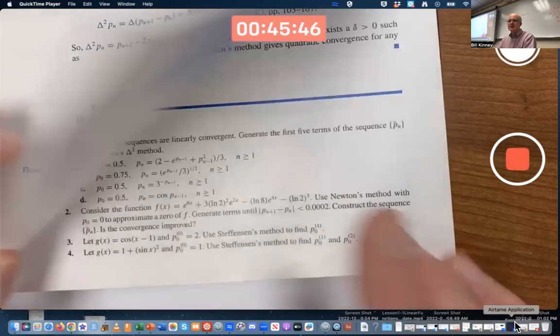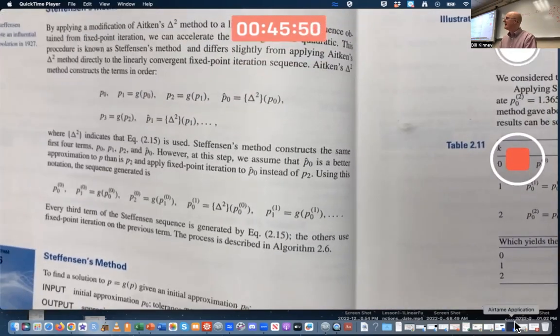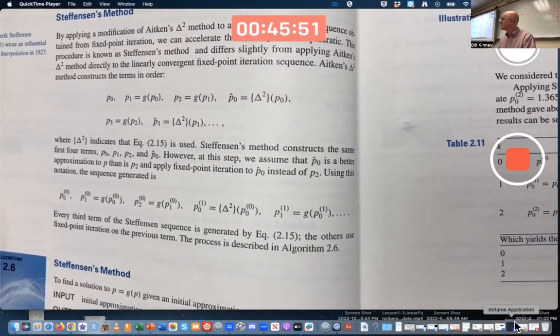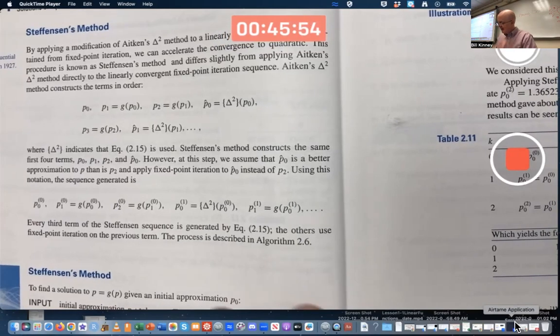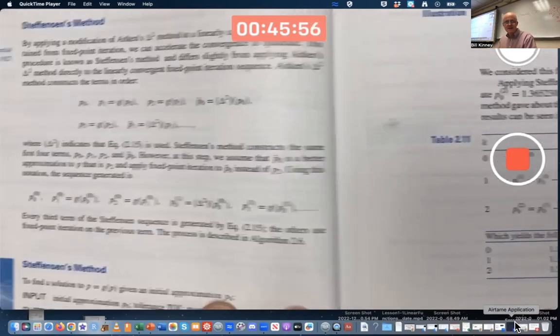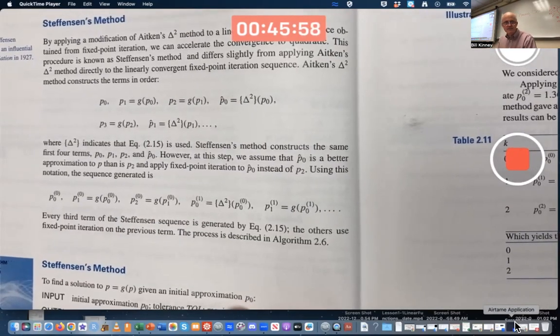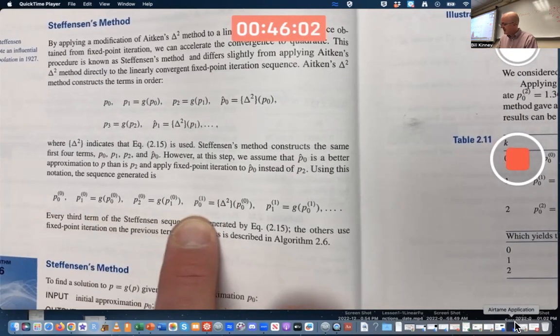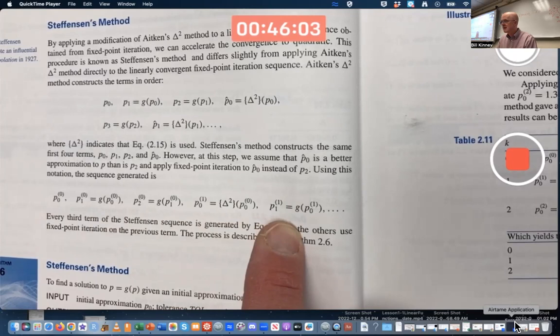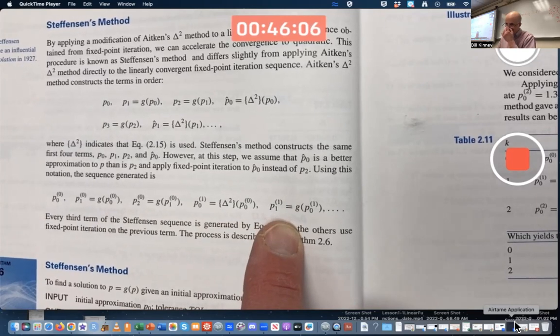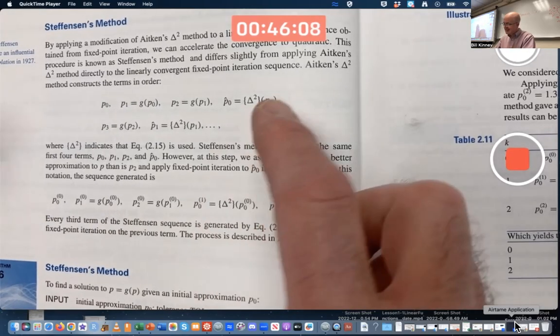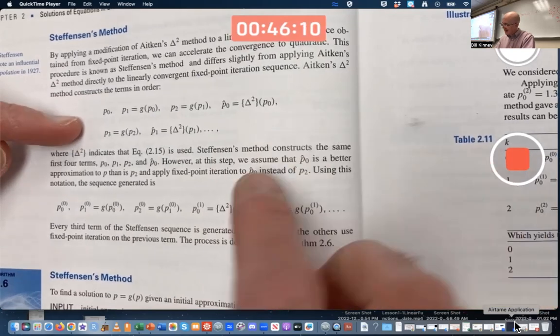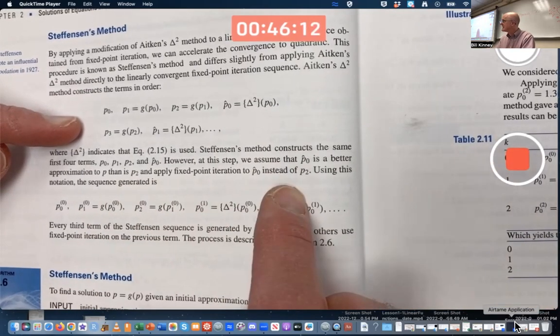Not going to test you on Steffensen's method. But let's see if we can implement Steffensen's method in a spreadsheet at least. The hardest part about Steffensen's method is the notation. I'm going to ignore the notation down here with all the superscripts and just focus on this idea up here and what the book describes in this paragraph.